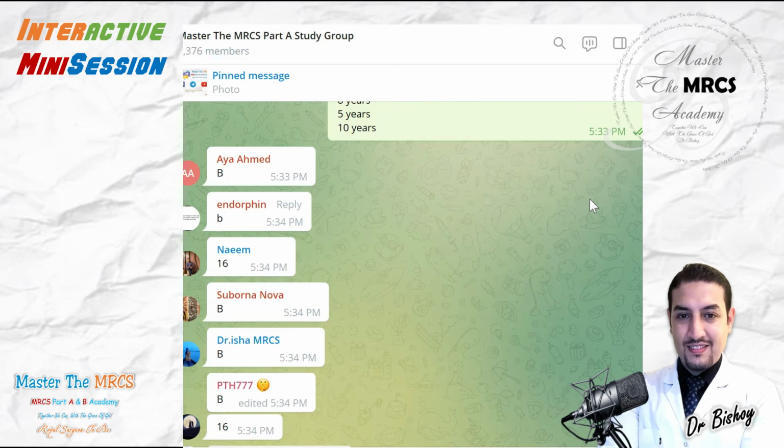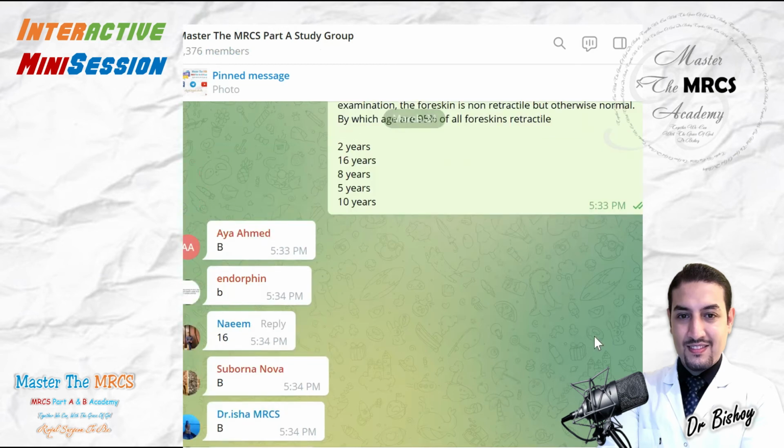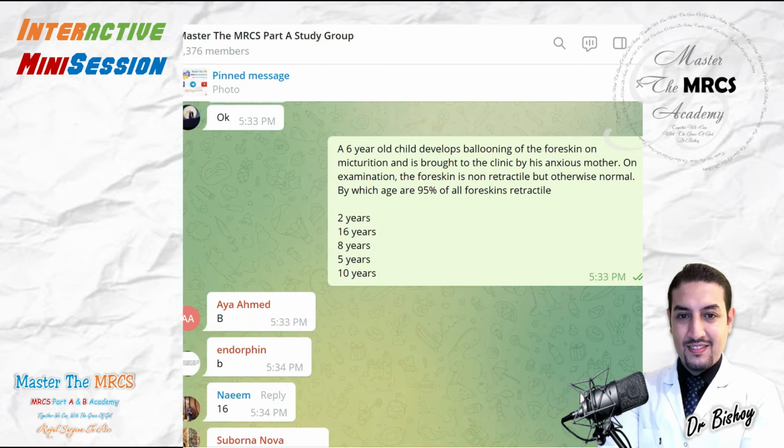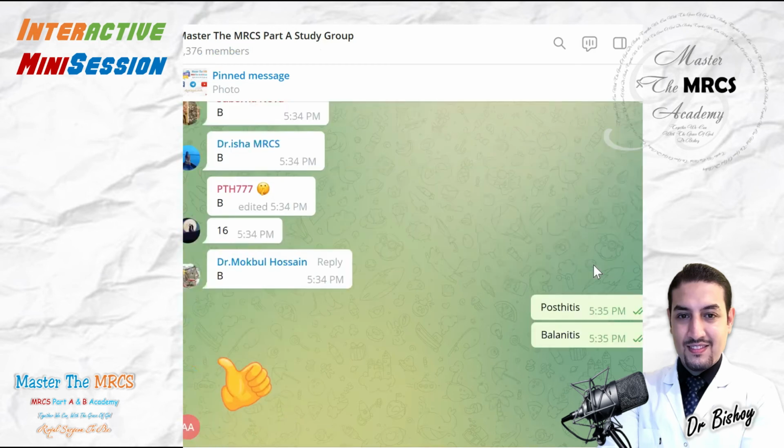How about a prolonged retraction of the foreskin, which a mother presented to us with in our clinic in the last question? He is having prolonged retraction of the foreskin around the glans and edema occurs. What is this? Paraphimosis. Are you familiar with paraphimosis?